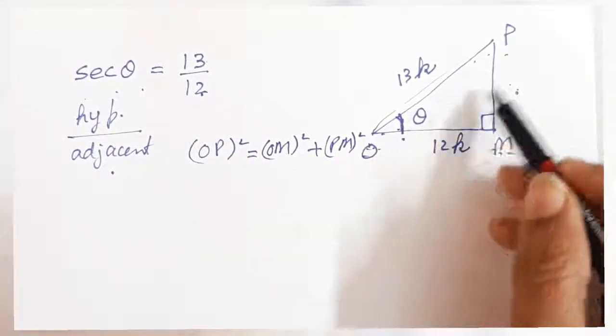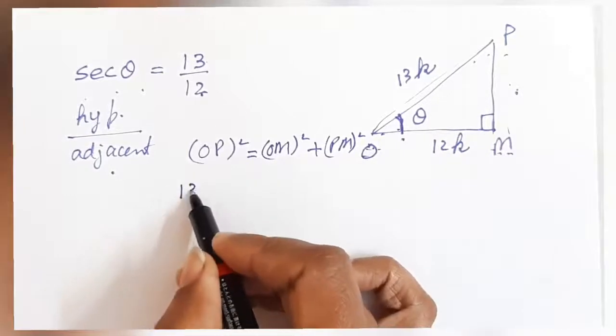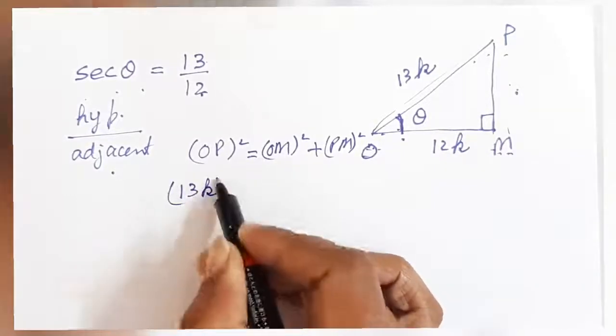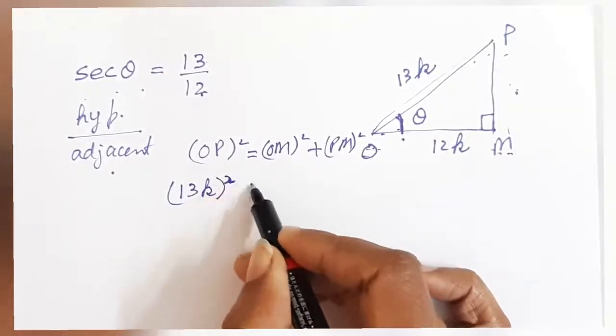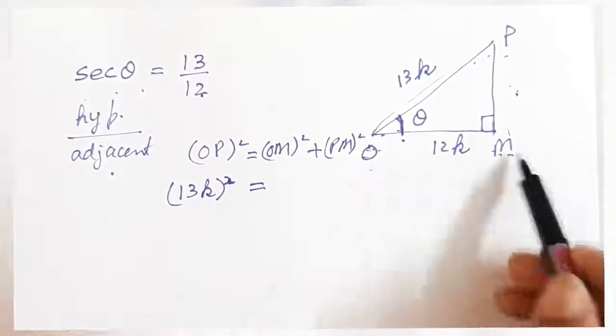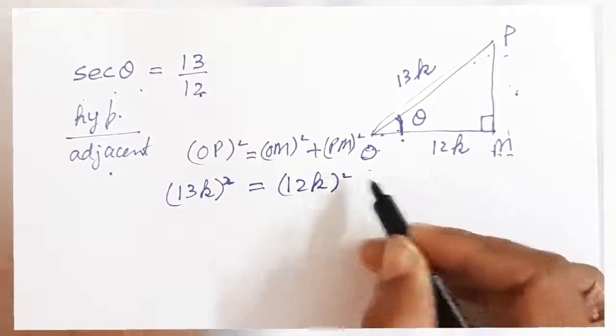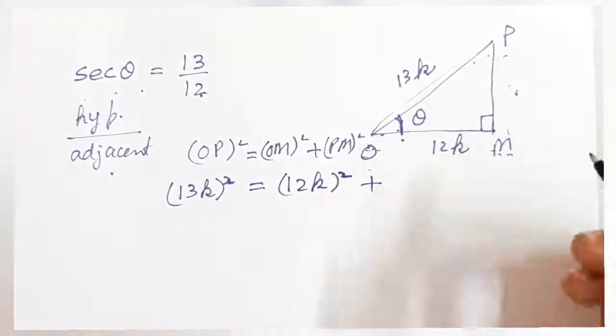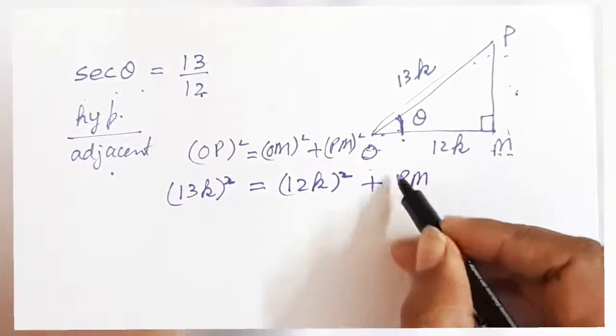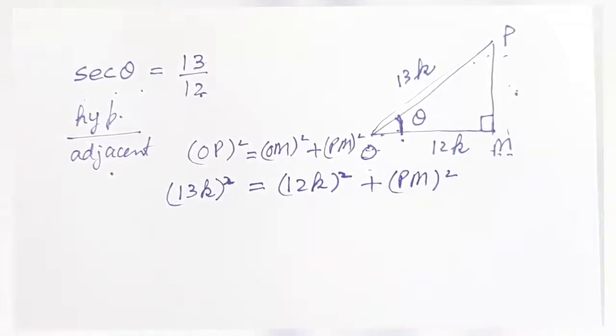Now see what is OP. OP is 13K. So 13K square is equal to, now OM is 12K, so it is 12K square plus PM. Now PM is missing. So PM square as it is.